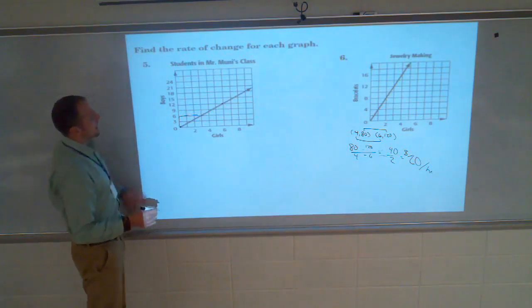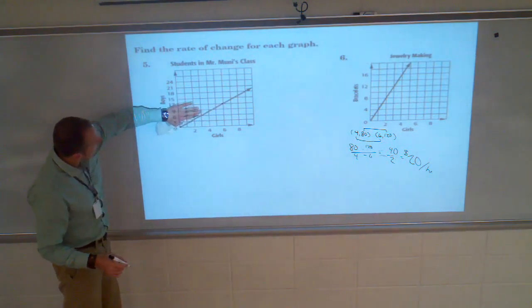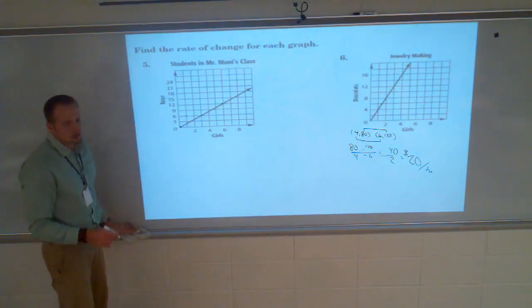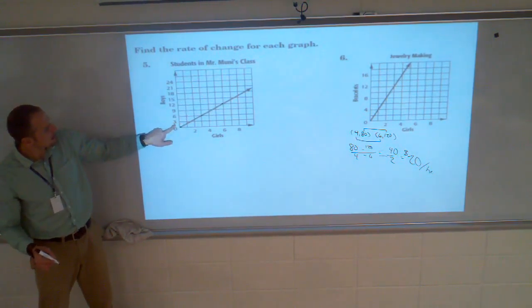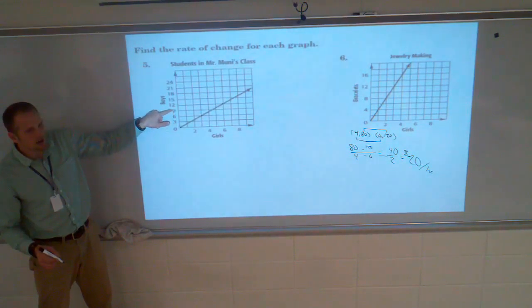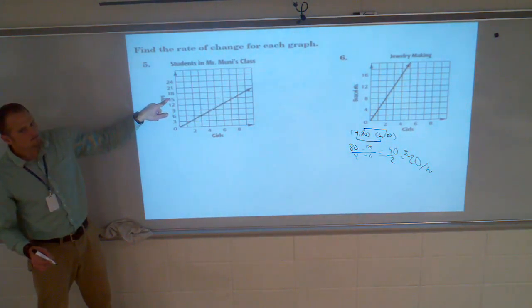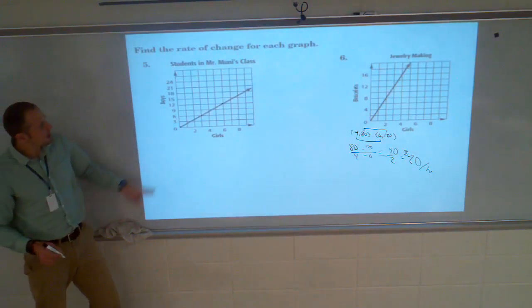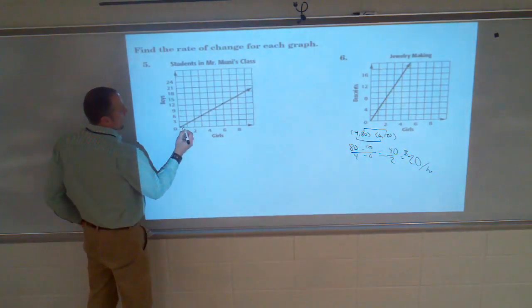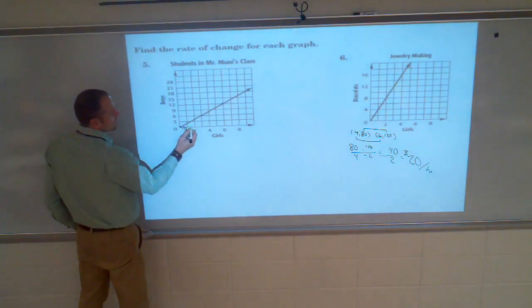You can do that. However, look at these units. All right, look at the units on the side. You see that this y isn't going up by 1. All right? It's going to be difficult to count. Okay? So, instead, let's find the ordered pair for each one of these.